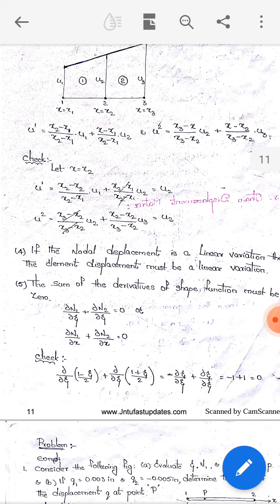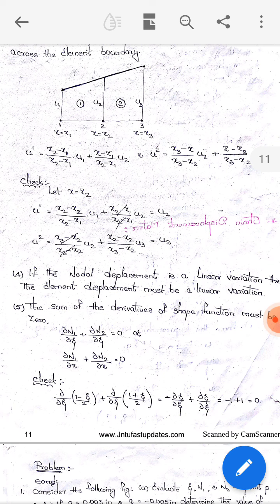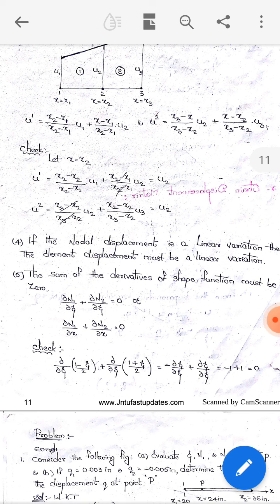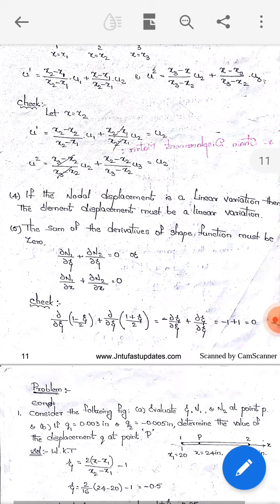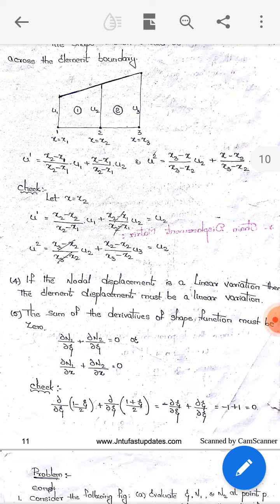To obtain the linear equation, we have to join the two subsets of linear polynomial curve. When we join them, at the middle x is equal to x2, and for both we get u2. So this compatibility we have checked.